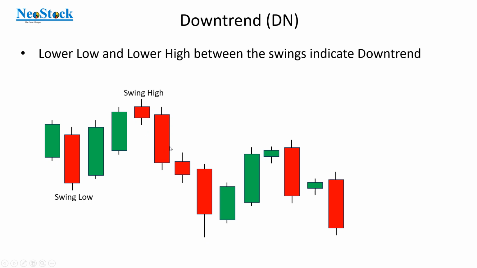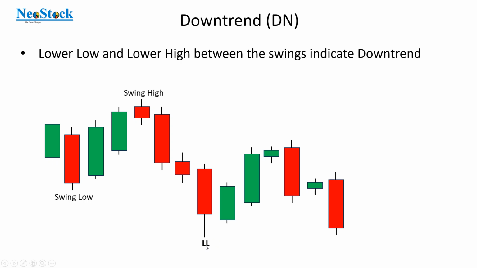In this next swing, we have a low point. Swing low point is here. Now this swing low is lower than the previous swing low or is it higher than the previous swing low? So this low, that means the swing low, is lower than the previous swing low. Then we can call it a lower low.